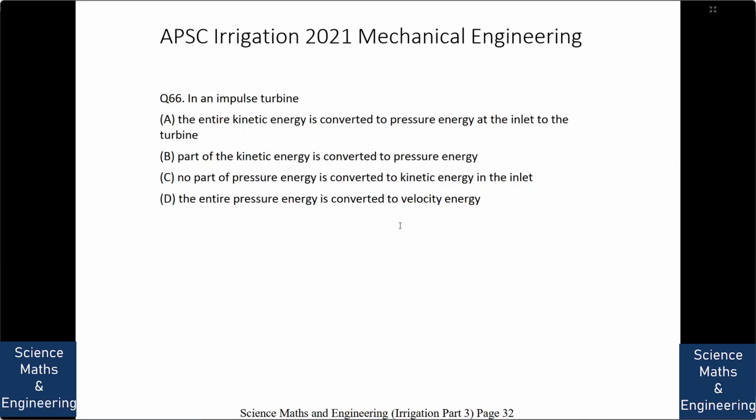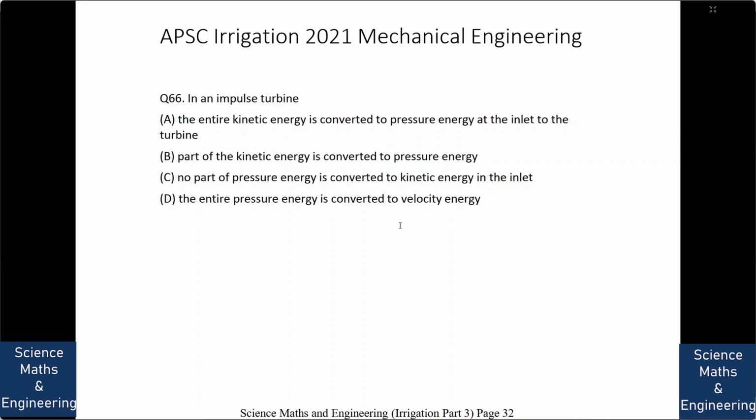In an impulse turbine, A, the entire kinetic energy is converted to pressure energy at the inlet of the turbine; B, part of the kinetic energy is converted to pressure energy; C, no part of pressure energy is converted to kinetic energy in the inlet; or D, the entire pressure energy is converted to velocity energy.